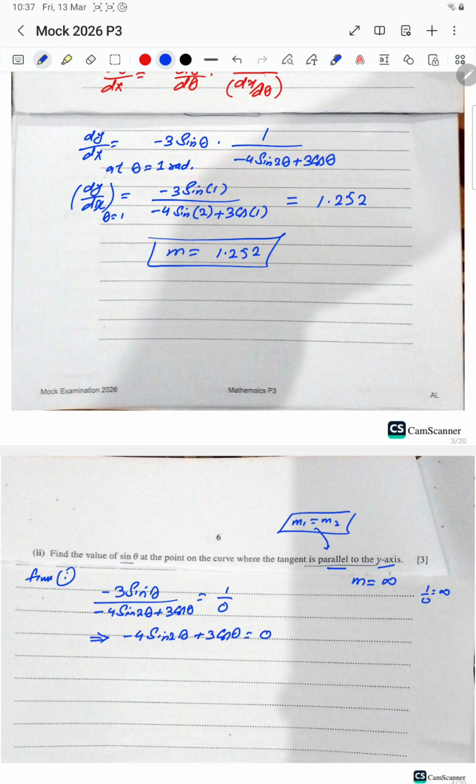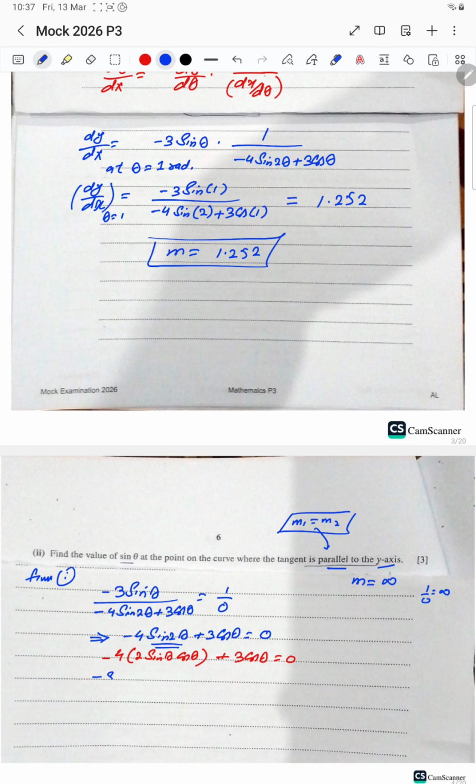Now I need to solve it by applying trigonometric conditions, and the choice is yours. You can solve it any way. Sine 2 theta is 2 sine theta cos theta. So minus 4, I can make my life easy. 2 sine theta cos theta is sine 2 theta, plus 3 cos of theta, the single angle, equal to 0.